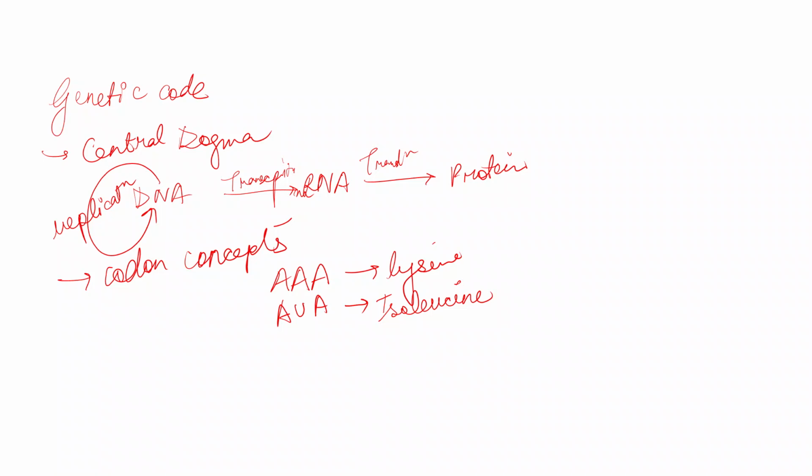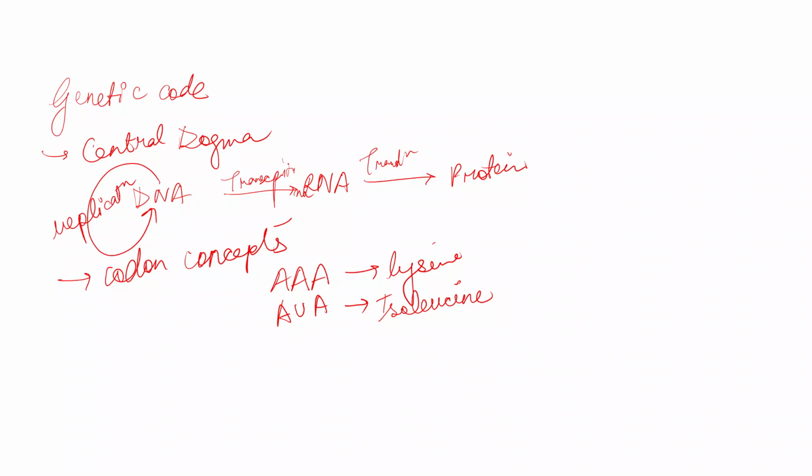If it is synonymous, the change won't matter, because combinations of multiple codons can sometimes give the same amino acid. So sometimes mutations can be silent; they won't change the protein or amino acid makeup.